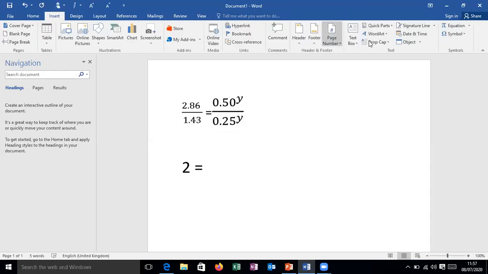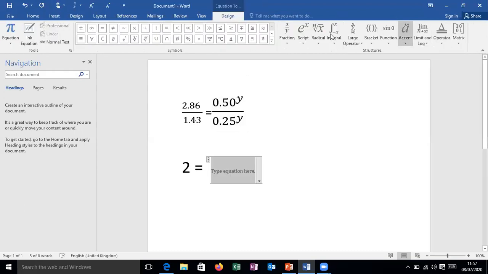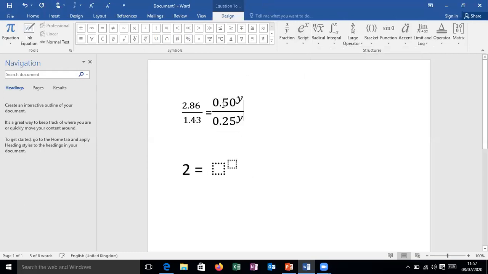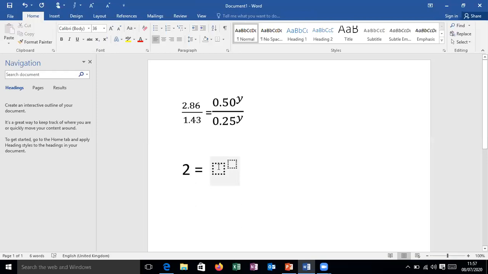In core mathematics, this one will become 2 raised to the power negative 1. This will give you half. Do you agree?